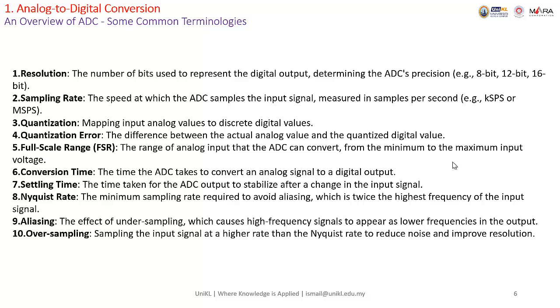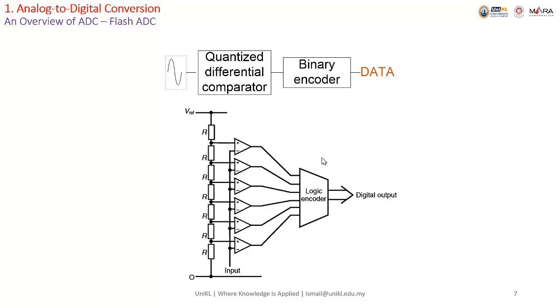Because we sample at 20 kilohertz, that means we sample 20 times from the signal. Say we only want 10 samples, then we average it by 2. So that is oversampling. This is the method we use in signal processing to get better resolution and signal to noise ratio.